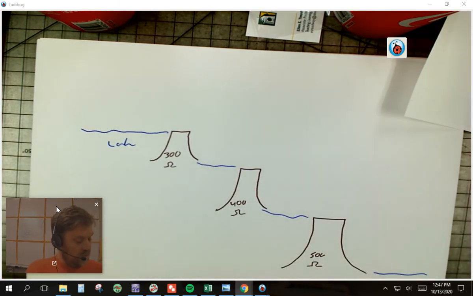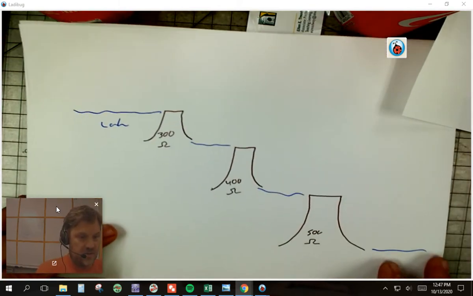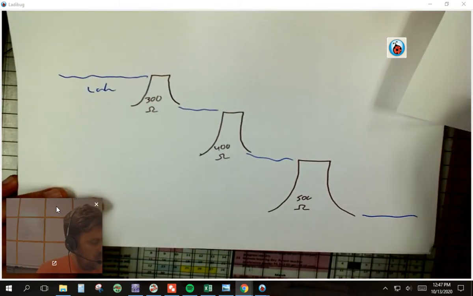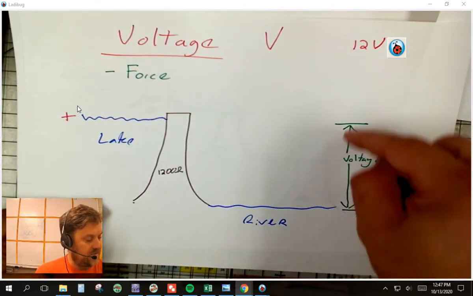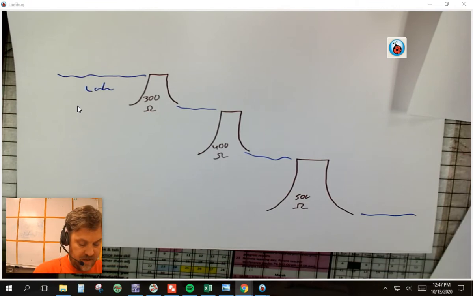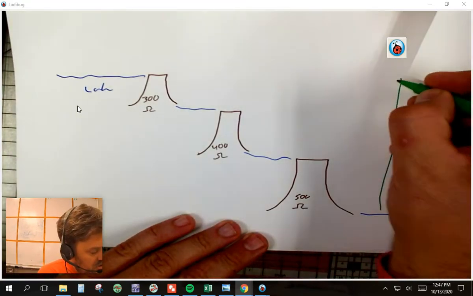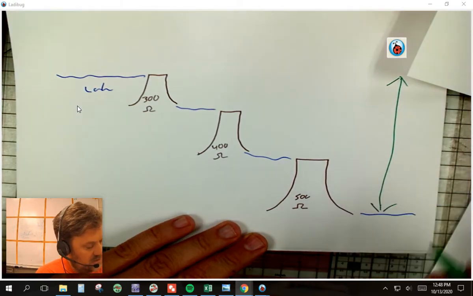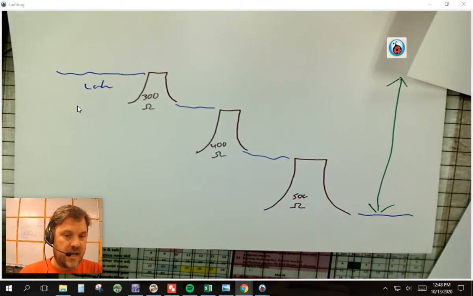Okay. So if I think about this, now I have 3 resistors doing the job of what this one was doing before. This height difference is going to be the same here. So the potential energy, we're just doing it in stages now. The difference between this surface and here is essentially the same.